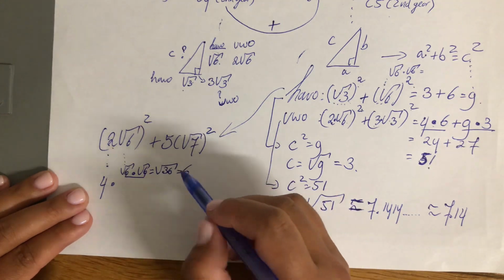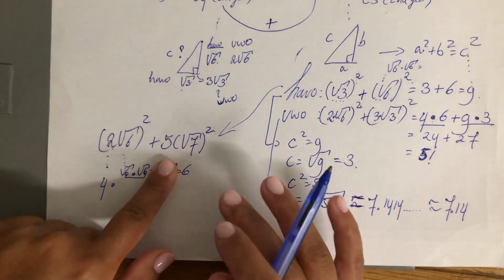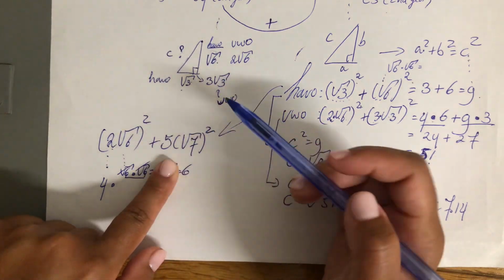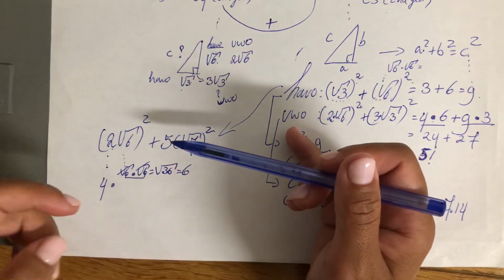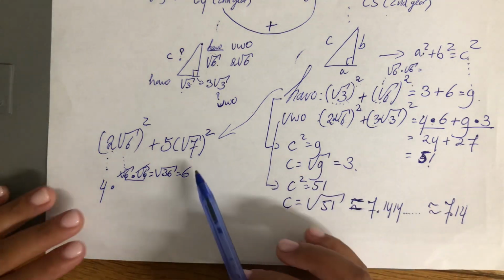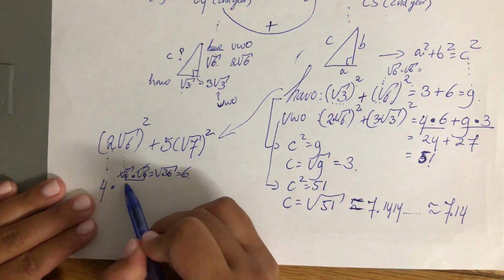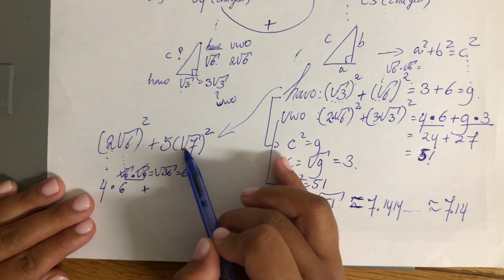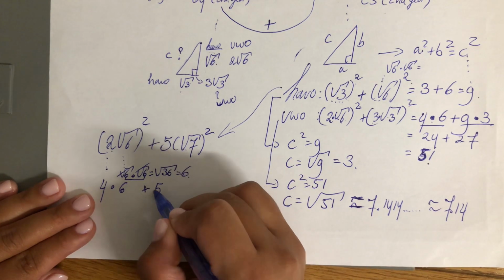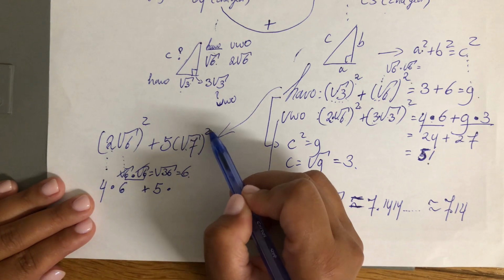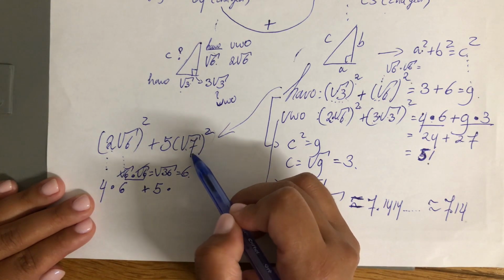So that's why we actually forget about the middle part and immediately just say, if I multiply a square root by itself, it becomes the number underneath the square root. That's why we write down 6. So this is 4 times 6. Now, if you remember, if it's not inside the brackets, it stays 5. But then, once again, you see here, hey, this is inside the brackets, okay, I'll multiply it times itself.